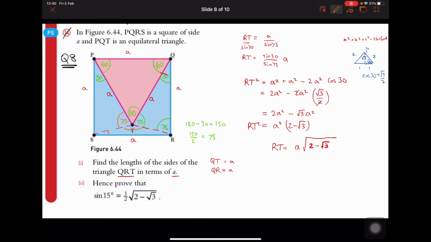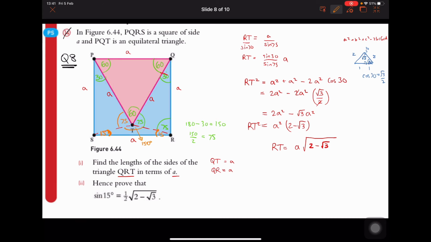So we have 150 to 110. So this angle is 150 degrees, and a 15-degree angle here.